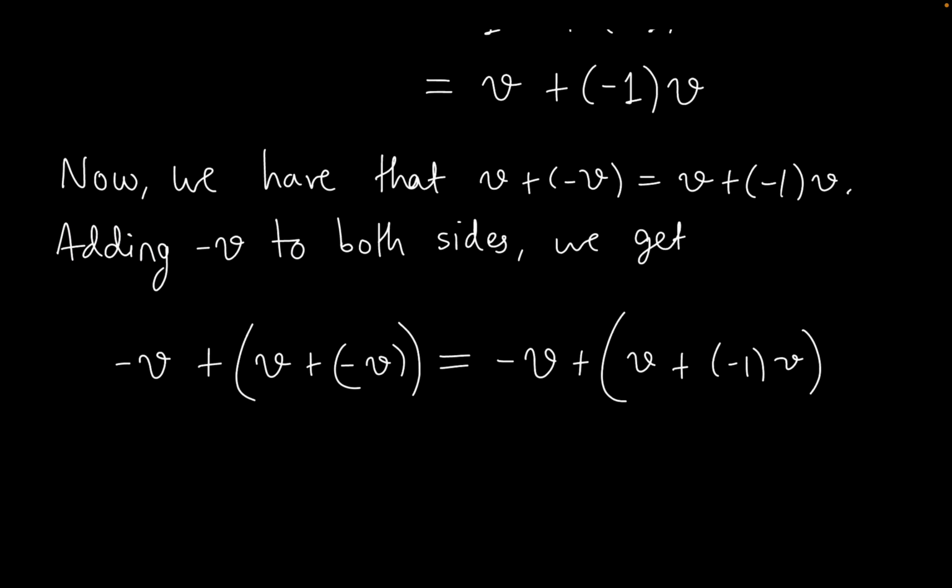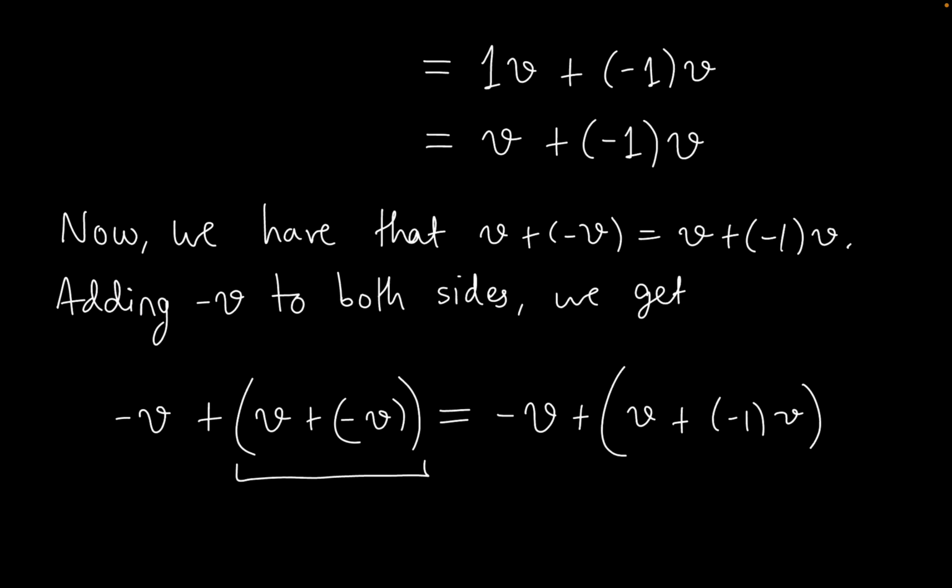The reason I have the parentheses on v plus -v is because that is the quantity that we're considering to be a single vector, because obviously two vectors add to give another vector in the same vector space. Then we're adding -v to that quantity. So we're adding this first and then adding -v to that. Same reason that this has parentheses around it.